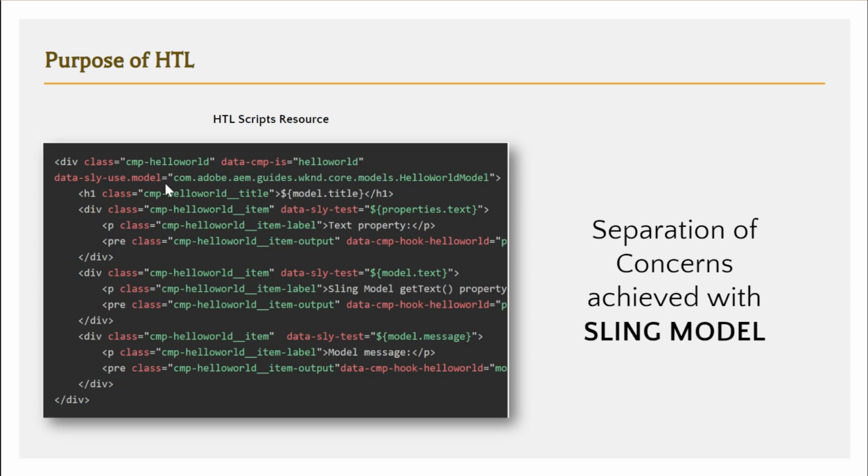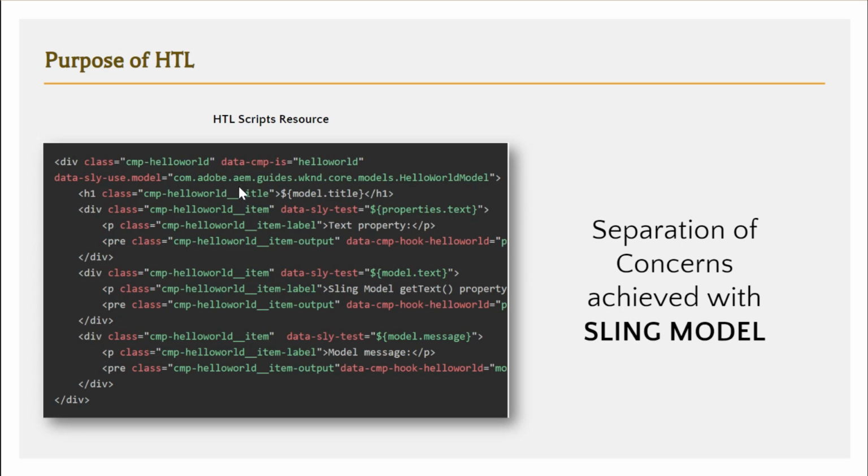You need to make sure that in your project archetype you have this com, adobe, aem, guide folder structure, and that it exists in the same way. Only then will this particular class be resolved by our resource resolver.